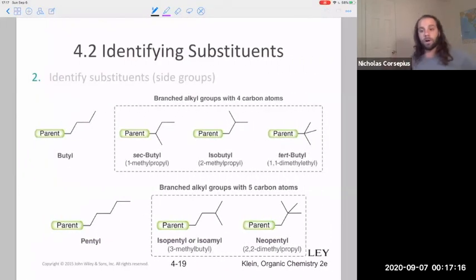Okay, so what about 4-carbon groups? Again, if it's a straight chain, we would have referred to that as a butyl group. And then there are 3 different special 4-carbon groups that we want to pay attention to. First of all, the one that we already went over is isobutyl. You can recognize iso because it's got that little fork at the end. The systematic name for that would have been 2-methylpropyl.